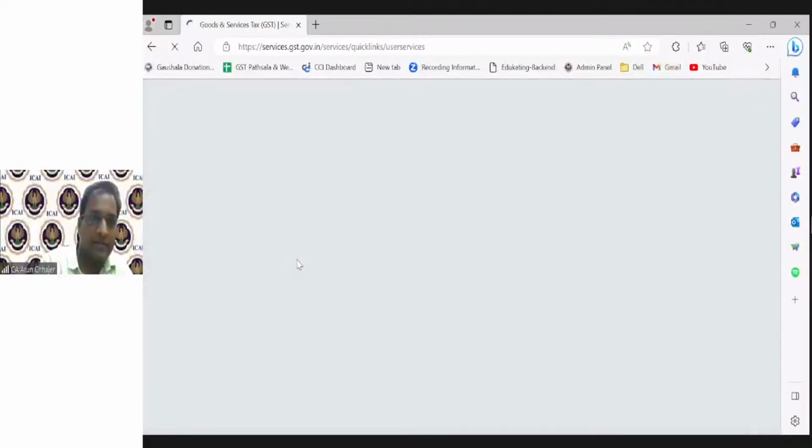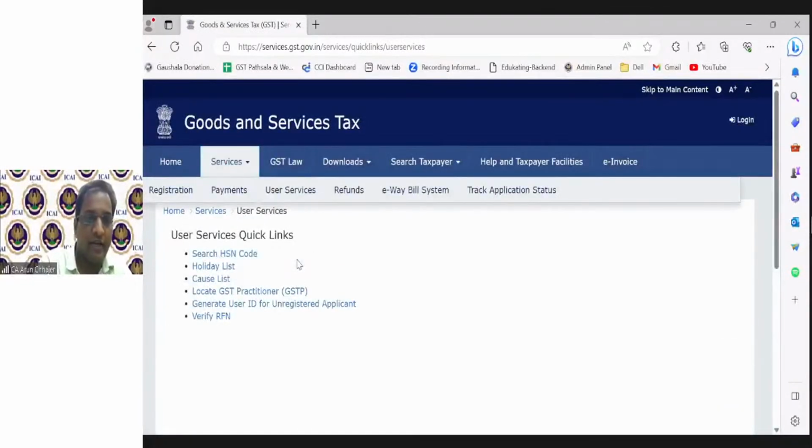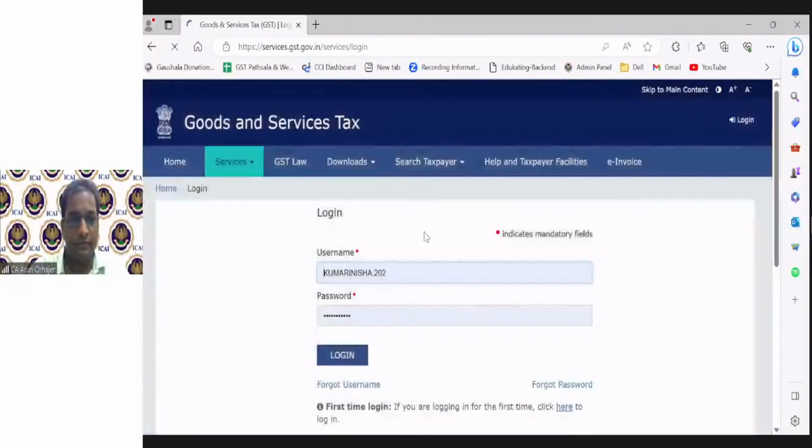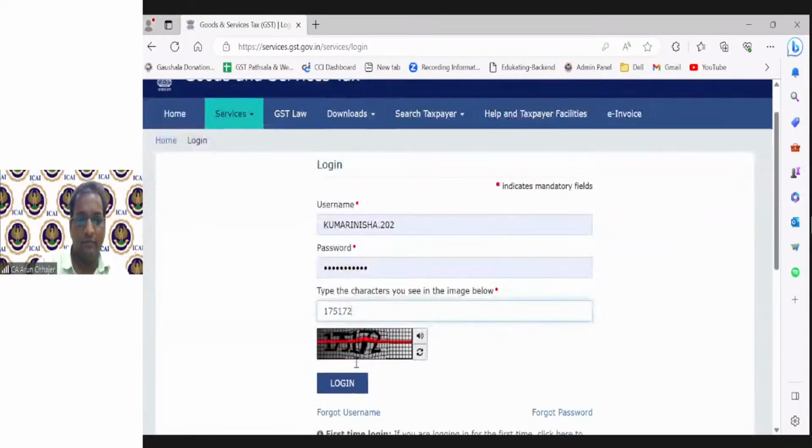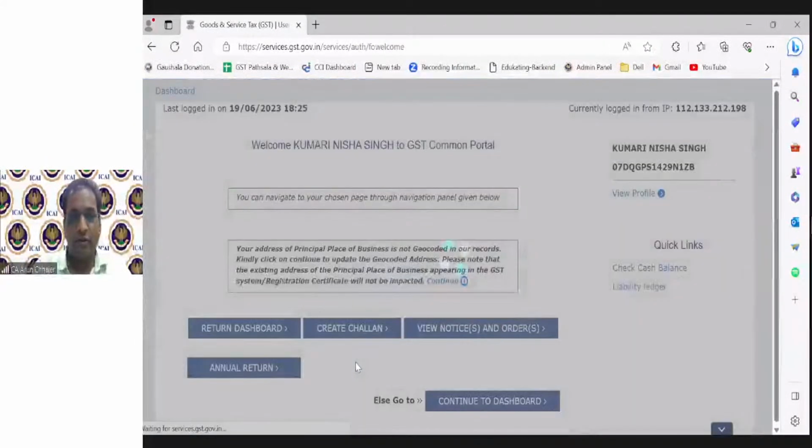Services, returns, and then return dashboard. So today's tomorrow.